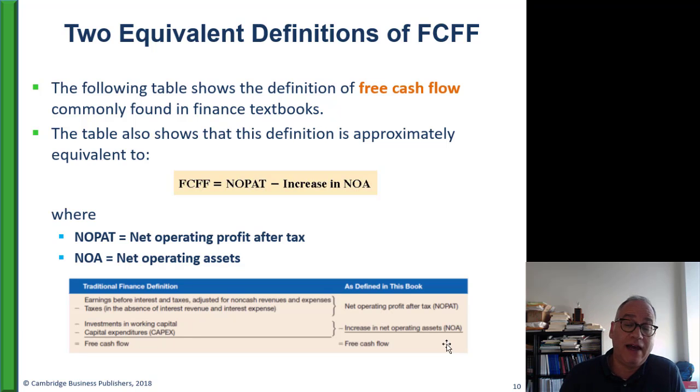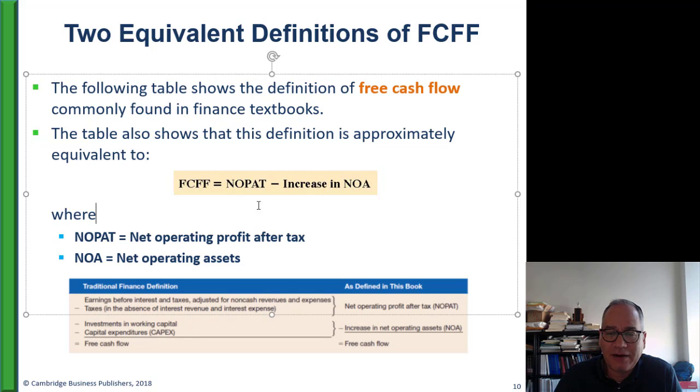And this way, because it's a lot to calculate NOPAT. We've talked about that, and especially that tax piece of NOPAT is very complicated. So for purposes of the book and how we're going to do things, because we're being consistent with the book here, we're going to do things as NOPAT minus NOA.